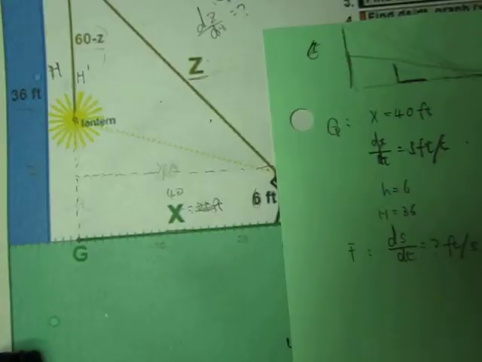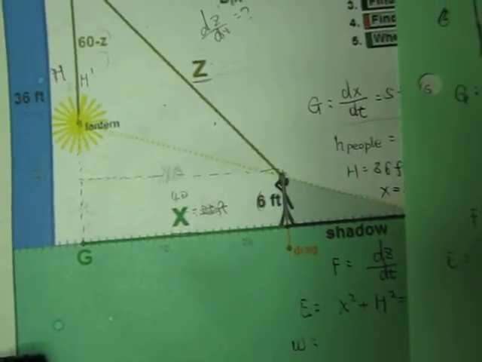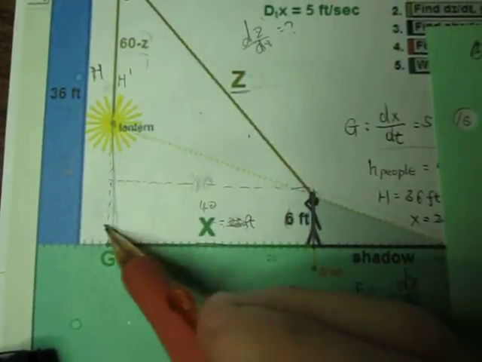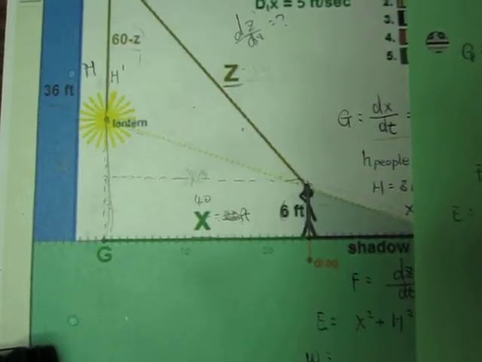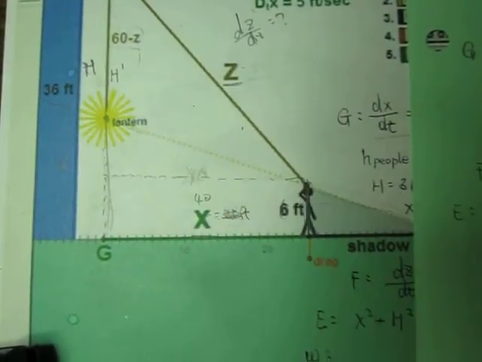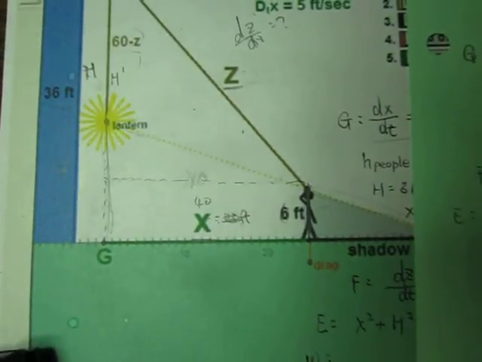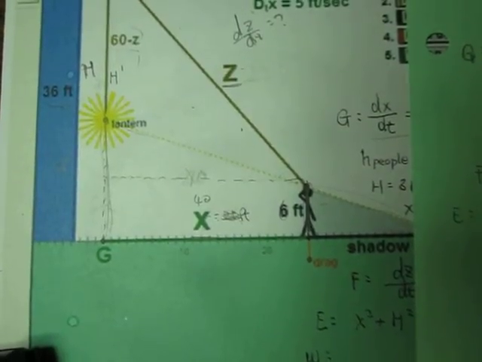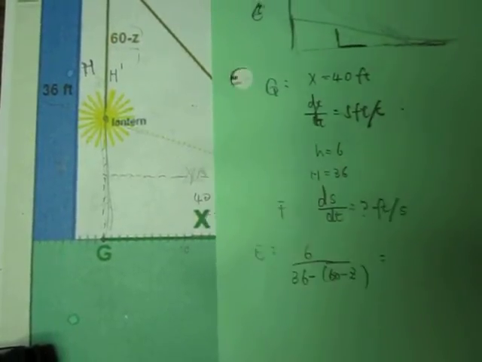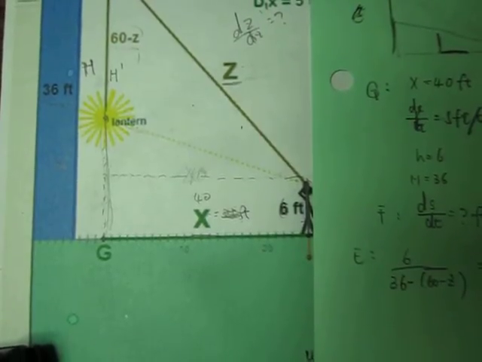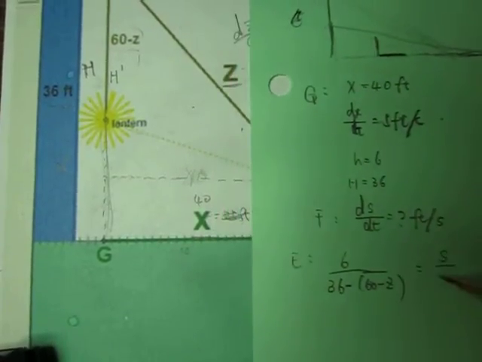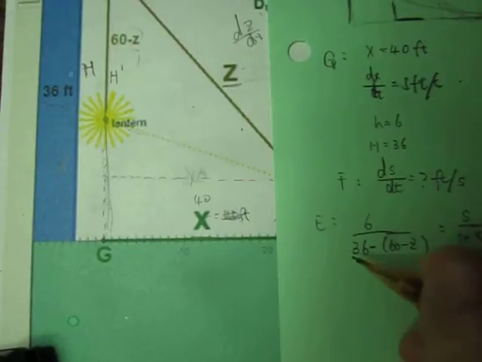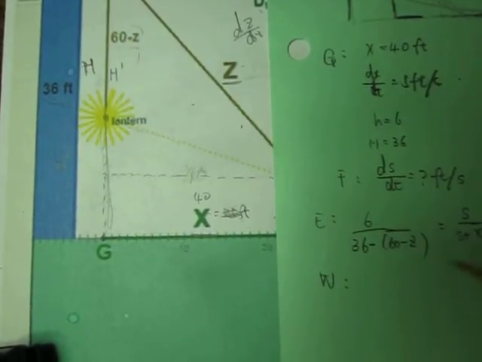And then the equation that we want to use is trying to make similar triangles from these two triangles. So as we labeled, that is 6, so this one should be 36 minus, and this height, which is 60 minus j, equals the length of the shadow over shadow plus x. And then we have to take the derivative. We can simplify that first.